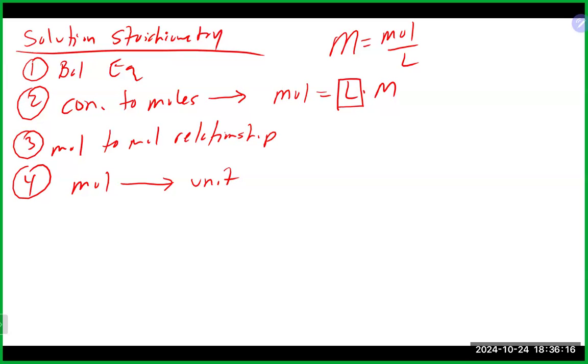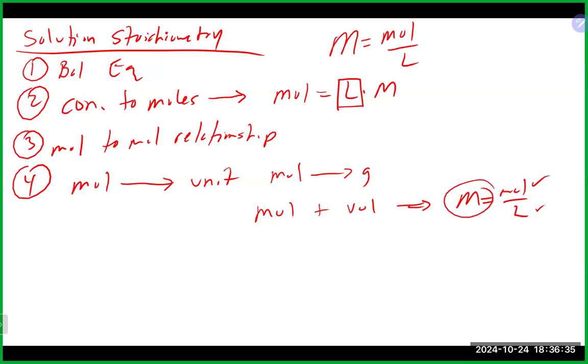Also, on the back end of the calculation, instead of going moles to grams, we often will have moles, and maybe we will have the volume, and we will get the molarity. So we'll use the stoichiometry to do the moles part, and we have the volume, so we can calculate the molarity. Another common ending is figuring out the volume.